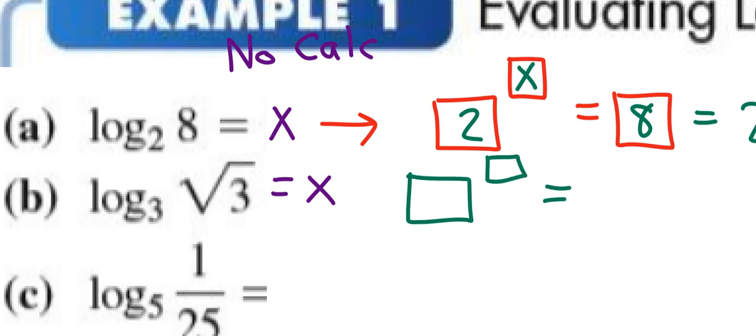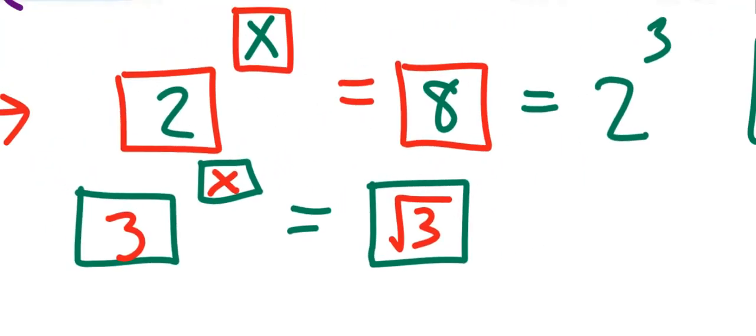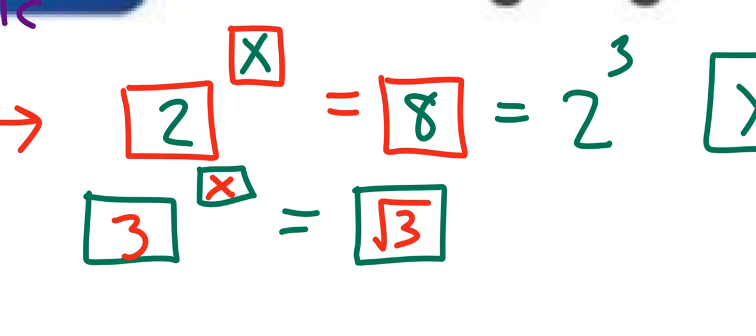Something to the something power equals something. What's the base? 3. The exponent is x. And what does it equal? The square root of 3. Now, obviously 3 is the common base. The question is, what is the exponent on 3 which gets me the square root of 3?